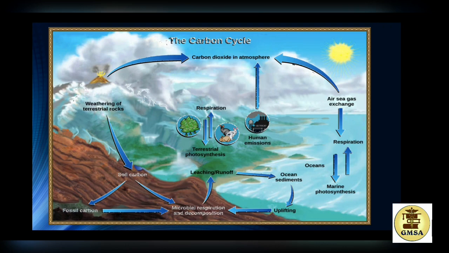Once the living organic matter such as all the plants and animals are dead, they get added to the soil, and here on the bottom you can see the microbial respiration and decomposition. The microbes carry out decomposition of this dead organic matter, releasing the carbon dioxide through the respiration process back to the environment. Now there's a human interference mentioned here, which is the human emissions.